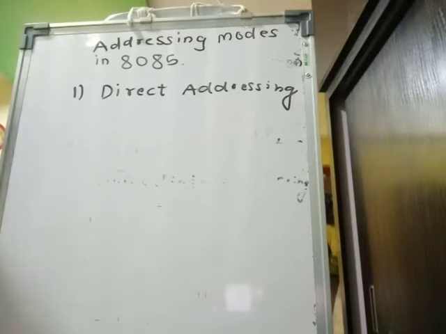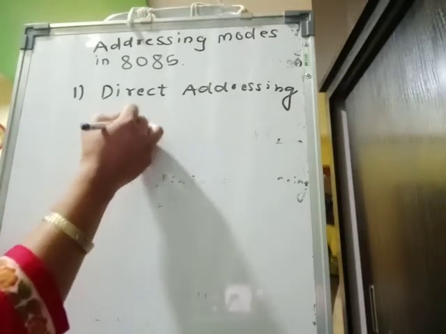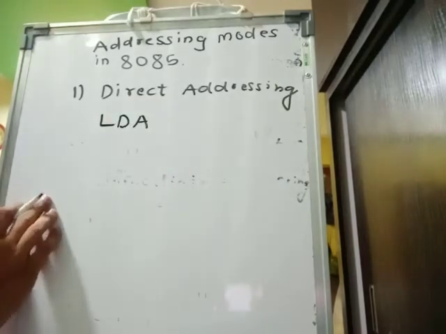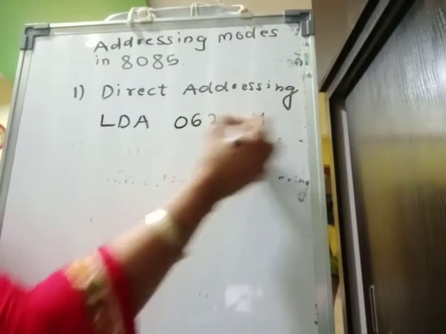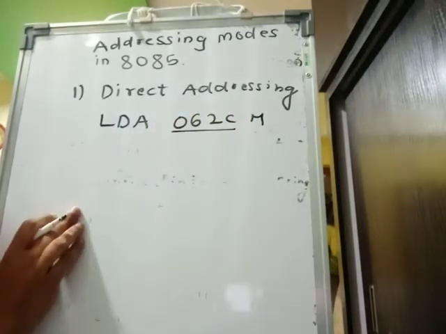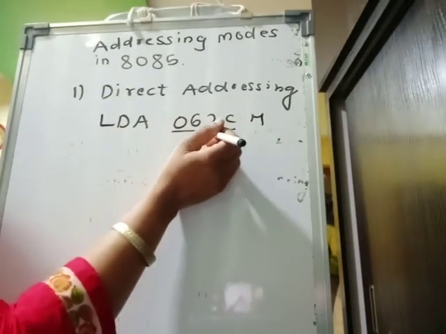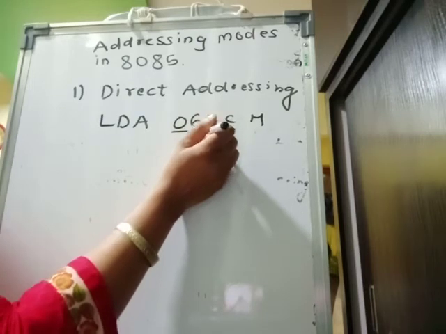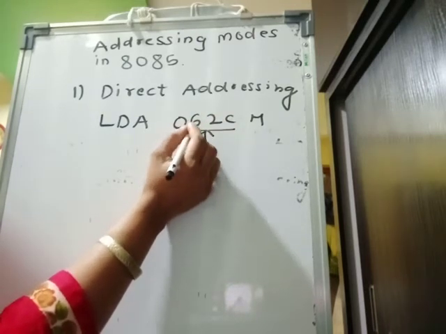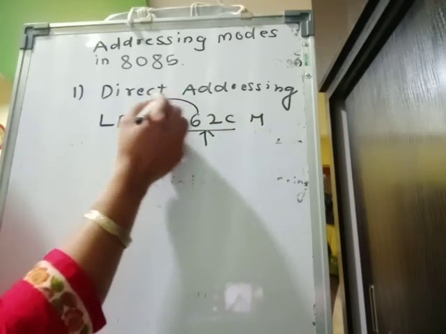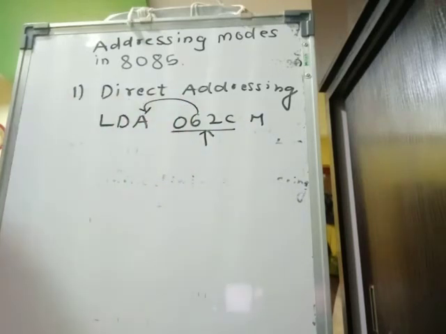For example, LDA, which is one kind of instruction. Here we have 062CH, which is the address location. Whatever data is stored in this address location will be loaded directly to the accumulator.